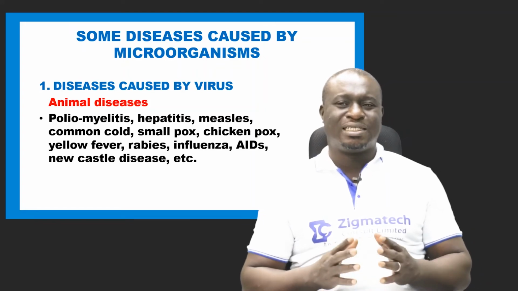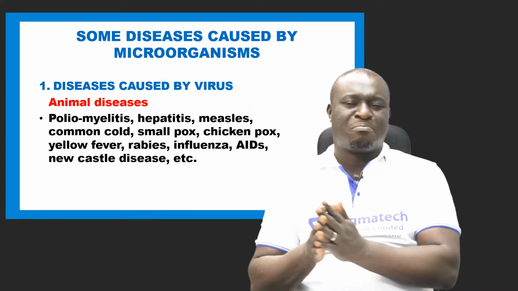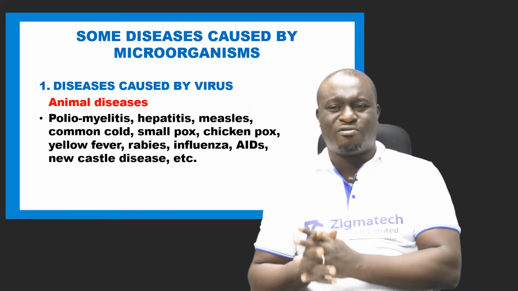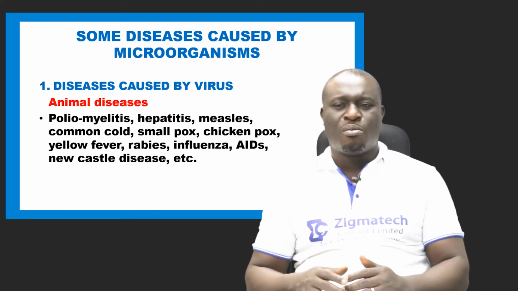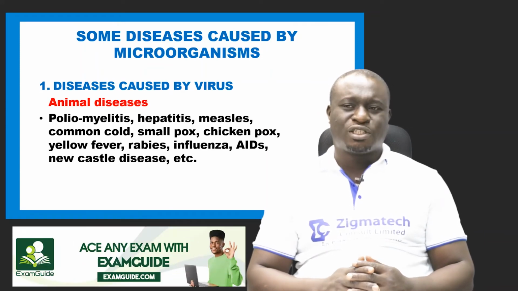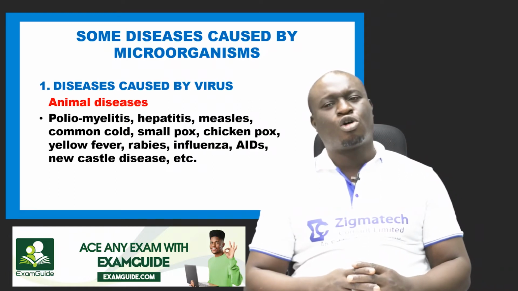All right? Now, some diseases caused by microorganisms. We're going to be looking at diseases caused by virus, both animal diseases and plant diseases. In terms of animal diseases caused by virus, we have examples like poliomyelitis, hepatitis, and measles. We have common cold.